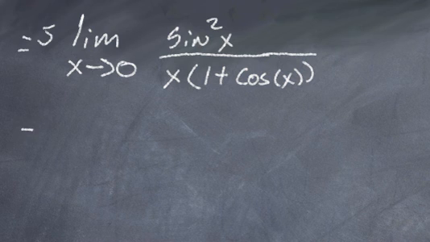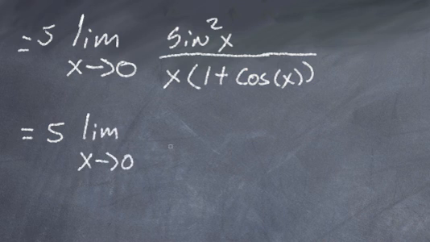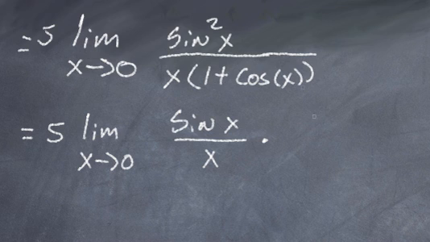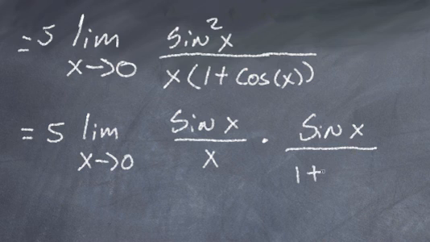Now remember that all these limits are equal to each other. So this becomes sine x, and I'm going to break it up and put the x underneath there like that. Now we just talked about this earlier, what that's equal to. And then we have sine x over 1 plus cosine x.